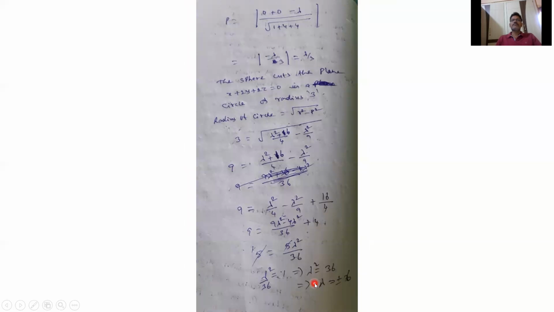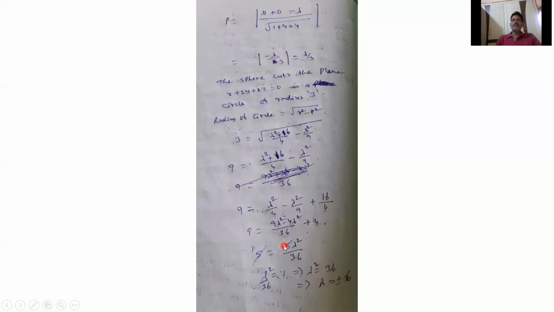The 2 will be cancelled here. We'll get minus lambda over root of 1 plus 4 plus 4, that is root 9, which is 3. So p is minus lambda by 3, that is lambda by 3 in magnitude.